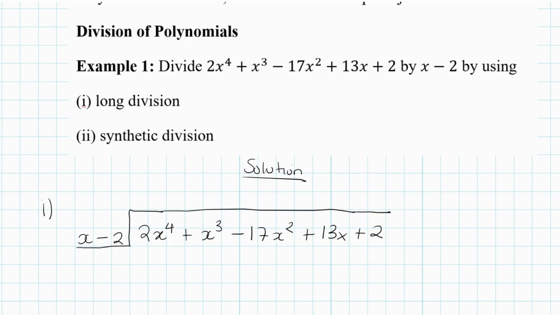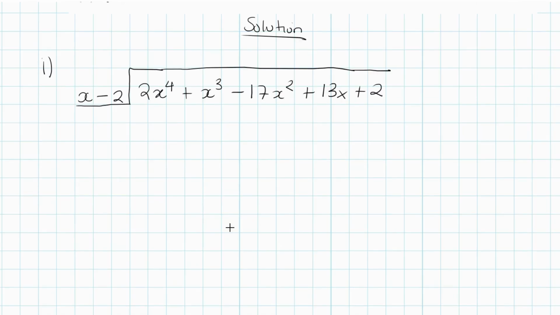So to perform long division, you divide the first term of the function by the factor. So 2x to the power 4 divided by x.